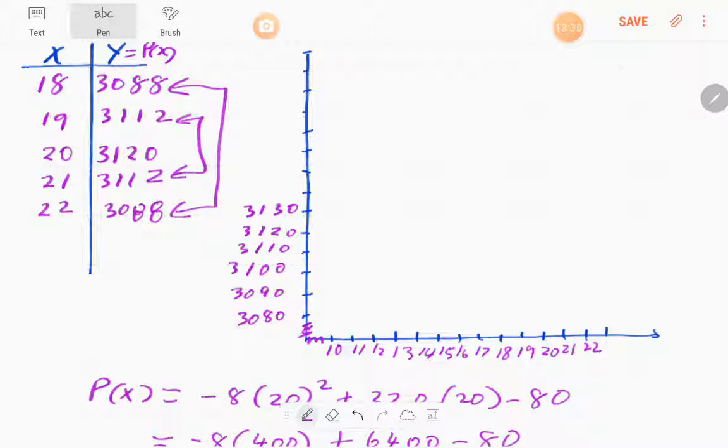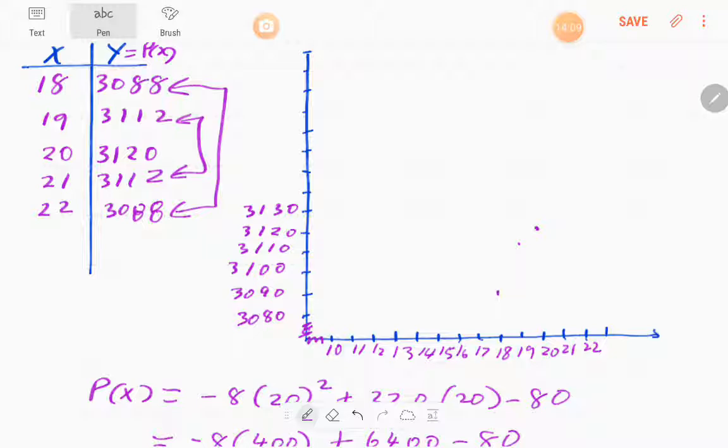Anyway, let's just put in these points. So we have 20, and 20 is 3120, so roughly here. 19 is 3112, somewhere there, and then 18 is 3088, roughly there.